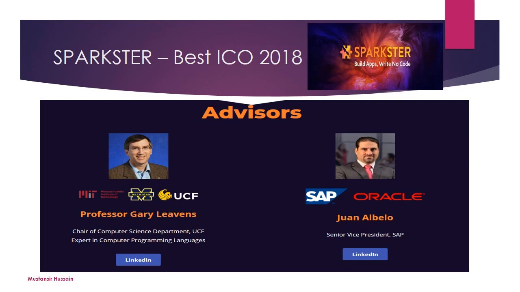This is huge. This is immense, and also he has been associated with Oracle. So definitely, these two guys in the advisory team are strong, but I think the Sparkster team can definitely add more flavor by increasing the number of advisors to say four, five, or six, something like that.